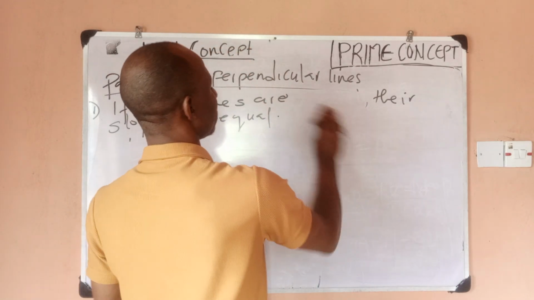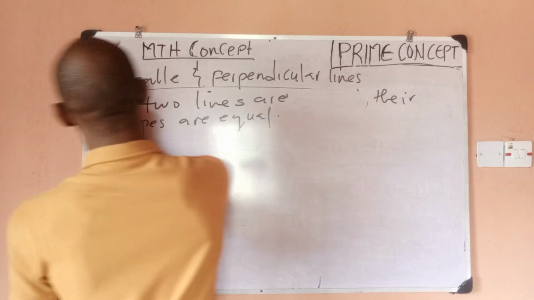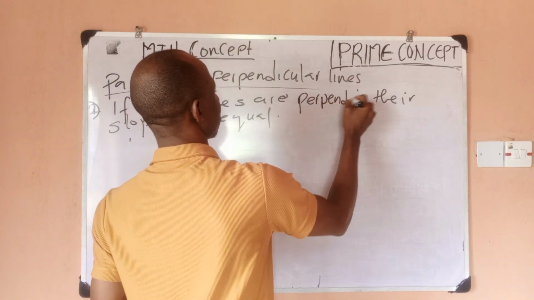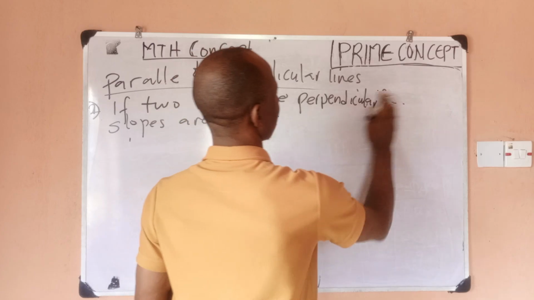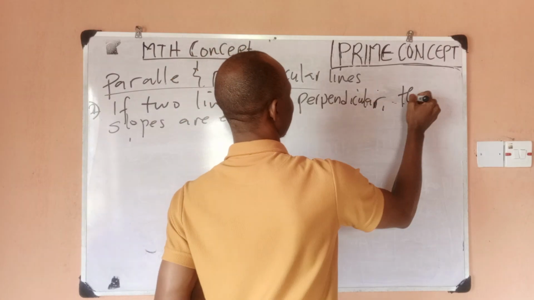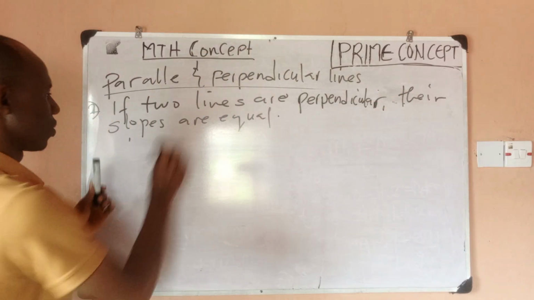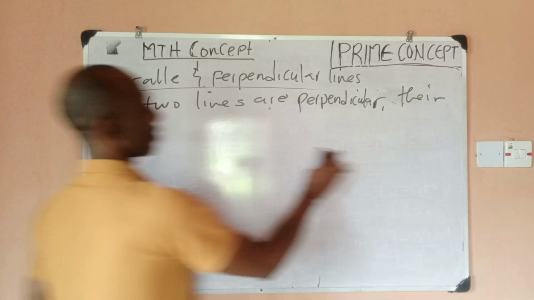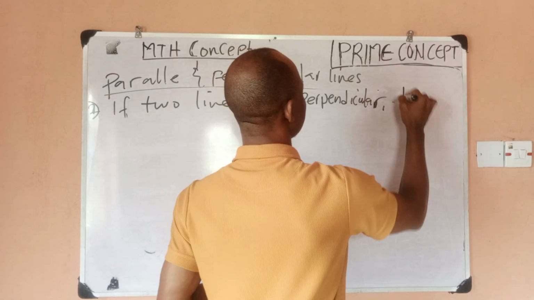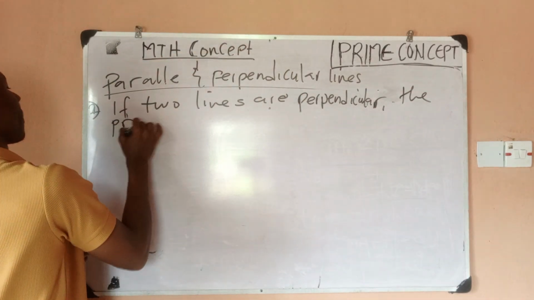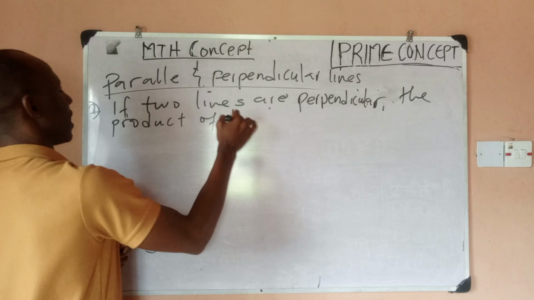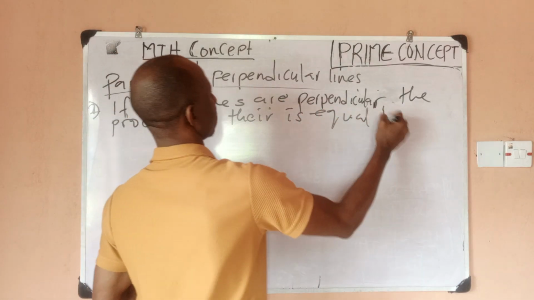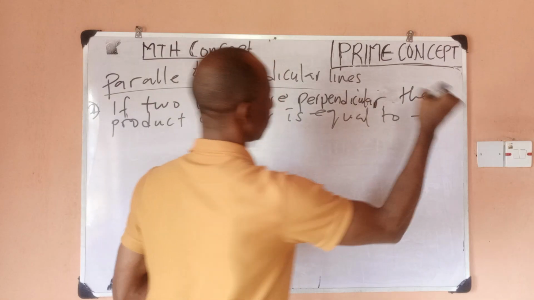Let me quickly write it. If two lines are perpendicular, the product of their slopes is equal to -1.